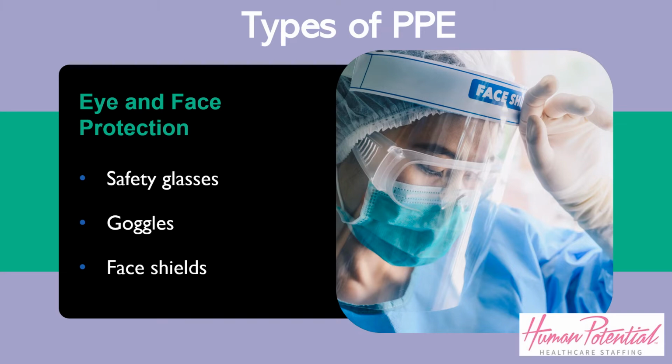Examples can be acids or other caustic liquids that might splash, blood and other potentially infectious material that may splash or spray, intense light such as that created by welding and lasers, dust and other flying particles such as sawdust and metal shavings, and molten metal that might splash.